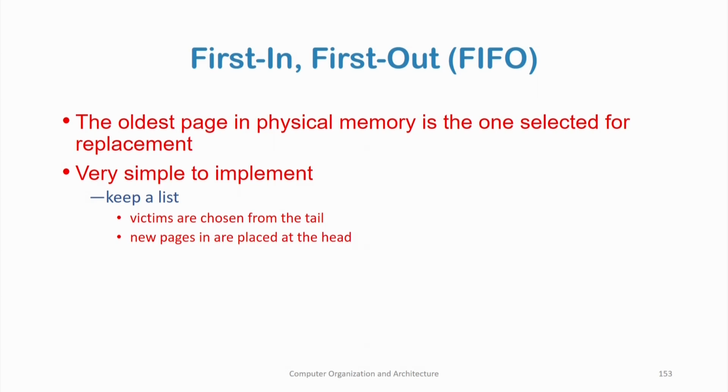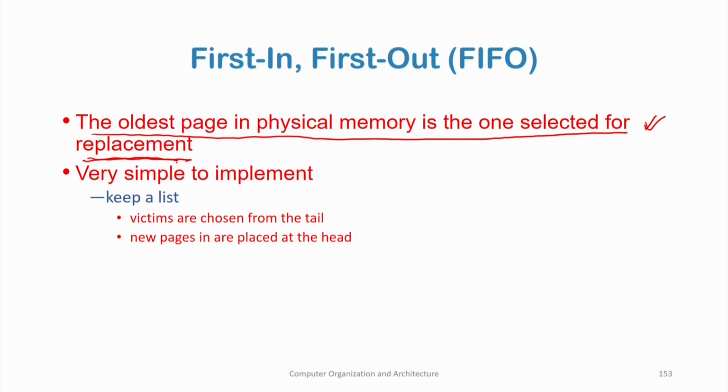So, now the first page replacement algorithm is called the first in first out replacement algorithm. This is the oldest page. What does this scheme say? The oldest page in physical memory is the one selected for replacement, a very simple scheme.